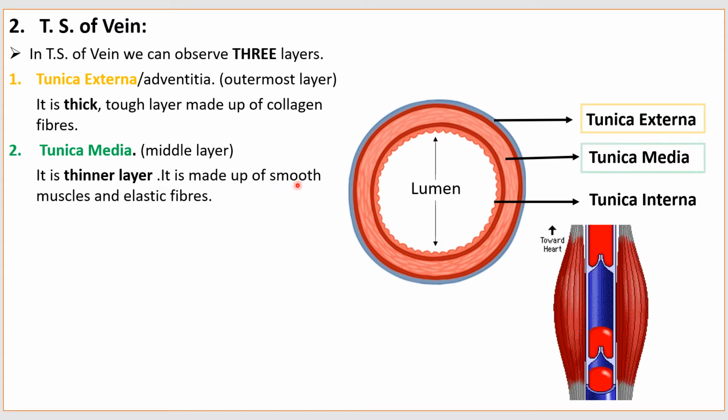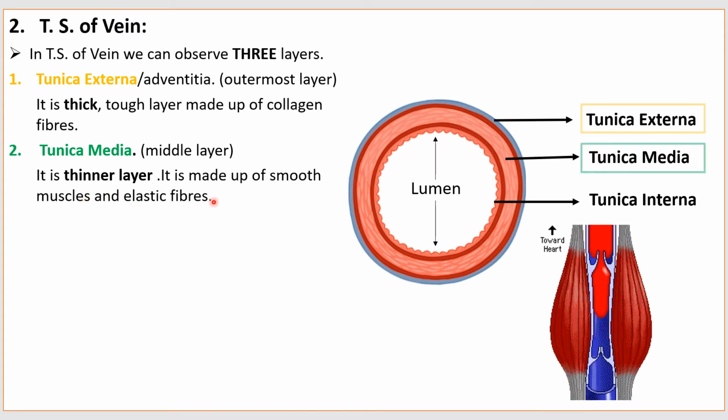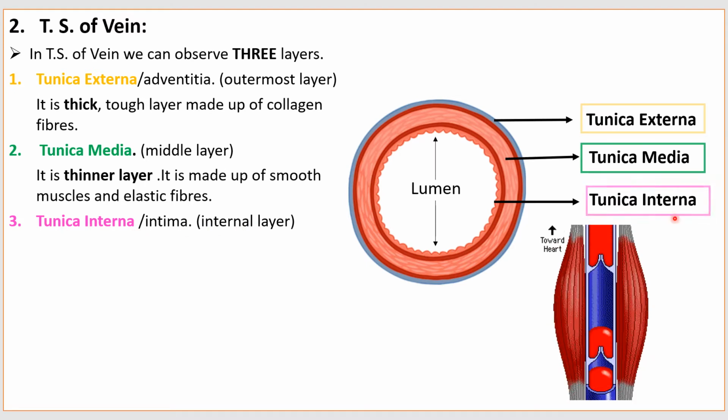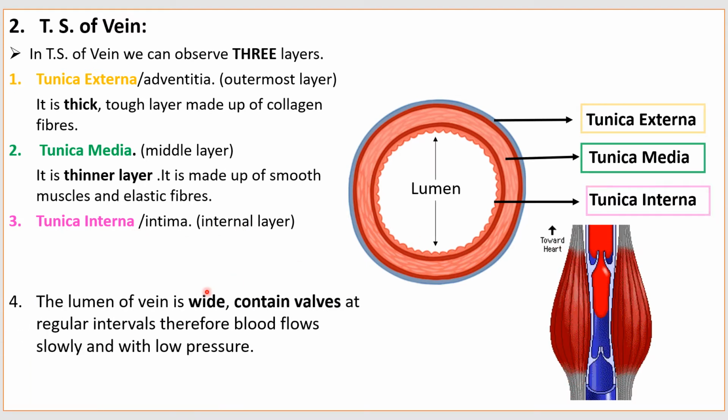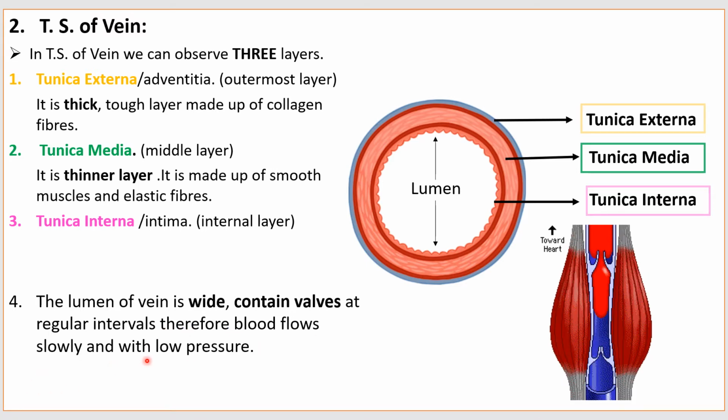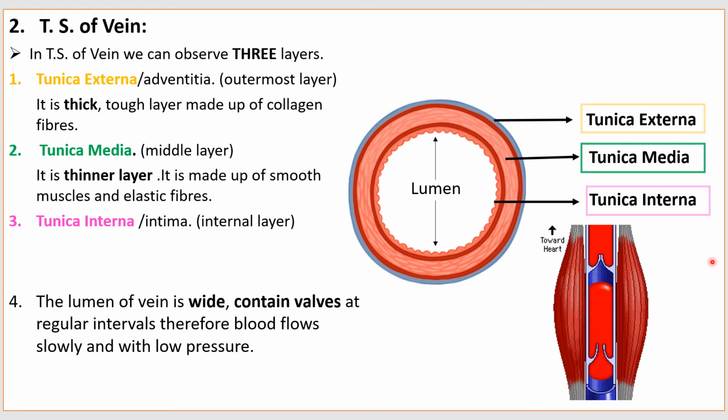It is made up of smooth muscles and elastic fibers. The third layer is tunica interna, that is the internal layer. The lumen of vein is wide and contains valves at regular intervals. Therefore, blood flows slowly and with low pressure. Look here, valves are present.